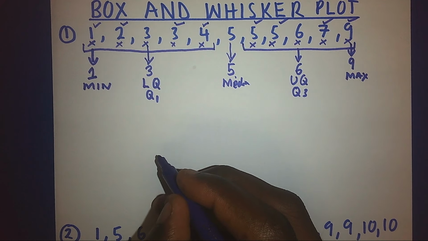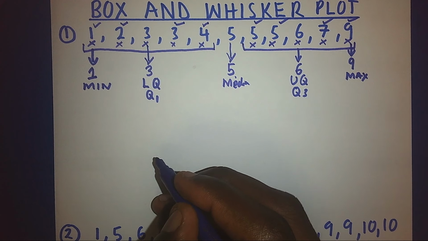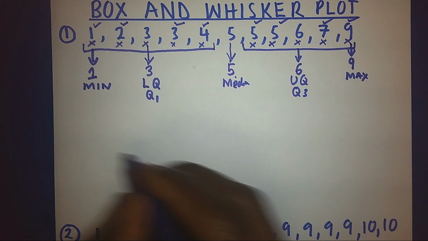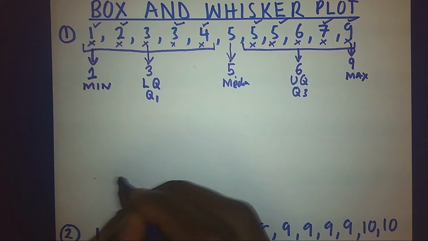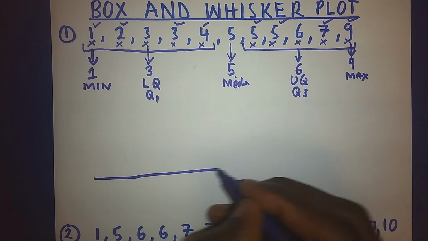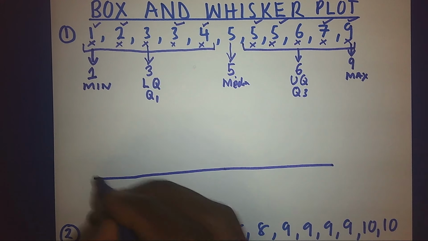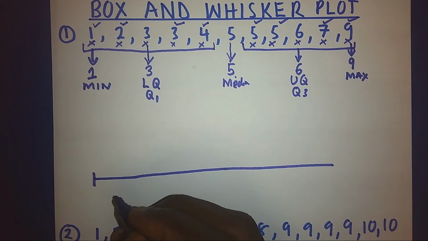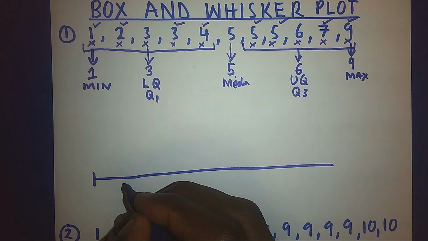You know, it's very good and mostly advised to draw our box and whisker on a grid paper. But for now, we can have a number line.